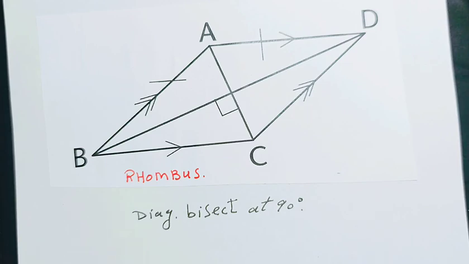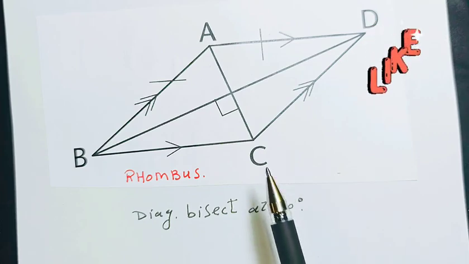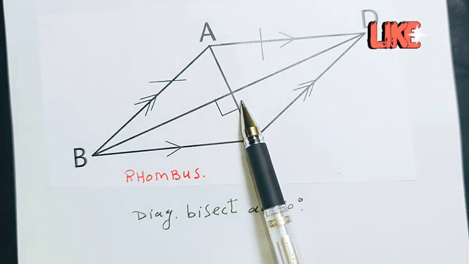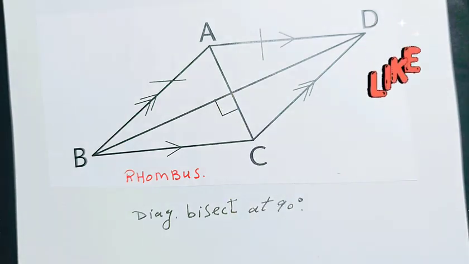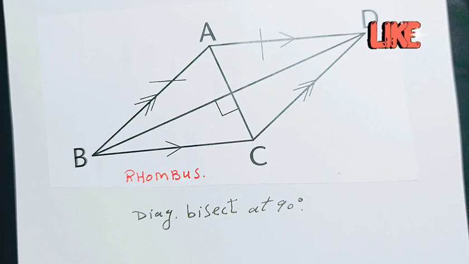But if they didn't give you that this is a parallelogram, then first you need to prove this is a parallelogram. After that you can prove that this is a rhombus. To prove this is a parallelogram, you have to take the midpoint of both diagonals, and if they have the same midpoint, then we can say this is a parallelogram.